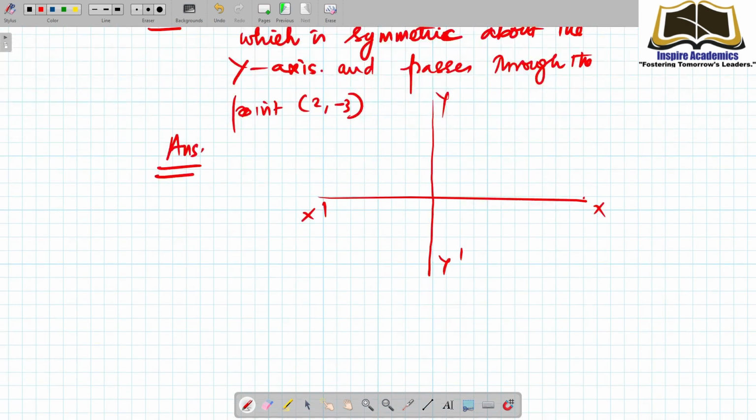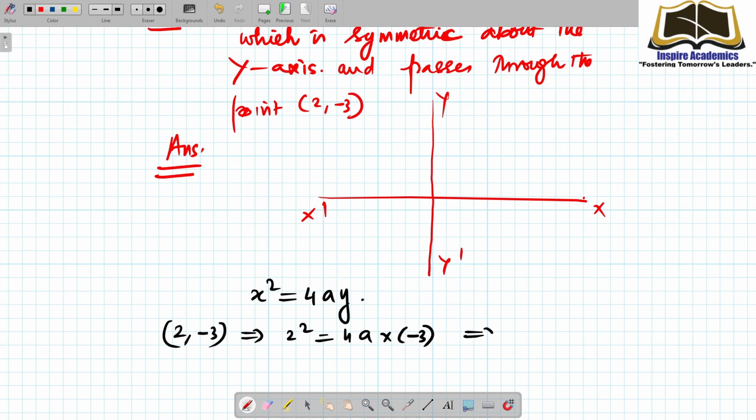So equation जो y axis symmetry है, equation क्या होनी चाहिए, x square equal to 4ay. और passing किससे है, 2, -3. Let's try to put x की value 2 रखो, 2 square equal to 4 times a times -3. So क्या मिला हमको, a की value होगी 4/(4 times -3), so -1/3. So a is -1/3.